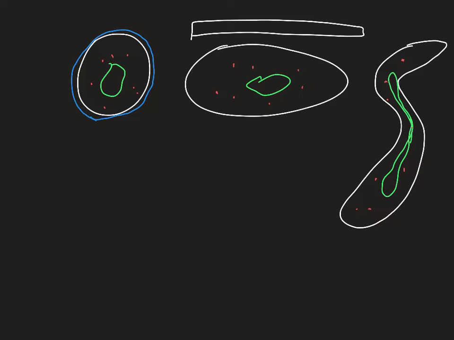Depending on whether they have a cell wall or not, these antibiotics attack the wall or the lining and put holes in it. And then if it has holes, the stuff goes out. Hold on one sec. So that's how antibiotics can attack them.